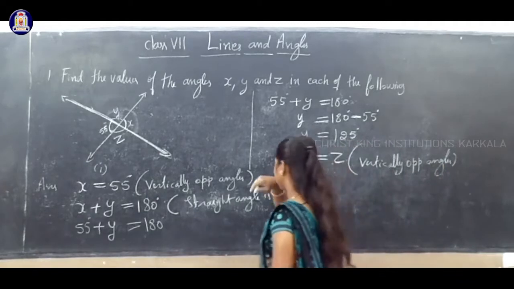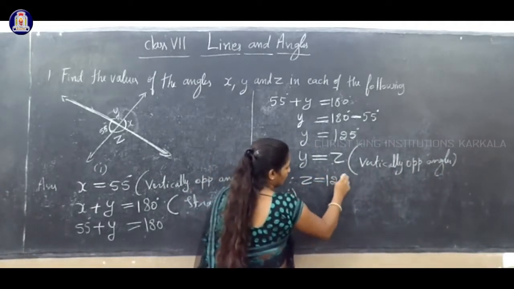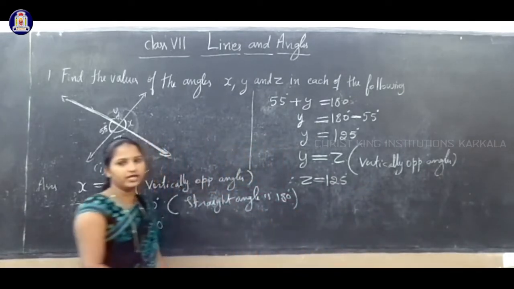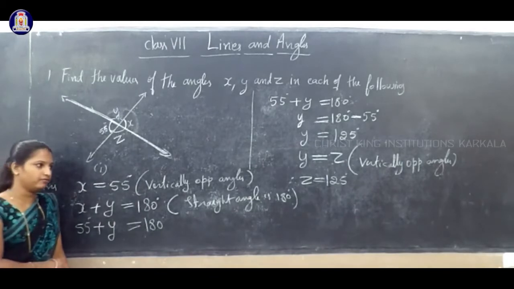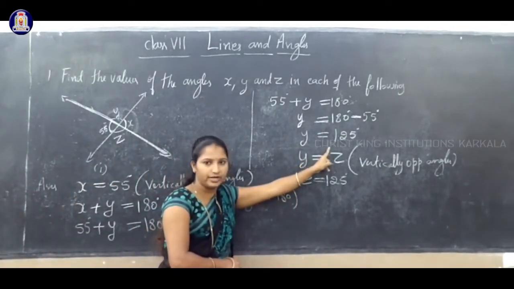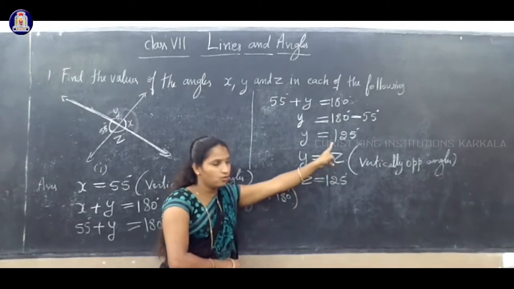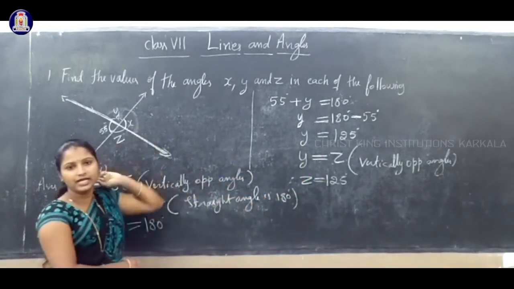Therefore angle z is equal to 125 degrees. Here why is it 125? Because angle y is 125. Therefore z is also 125 degrees because they are vertically opposite angles.